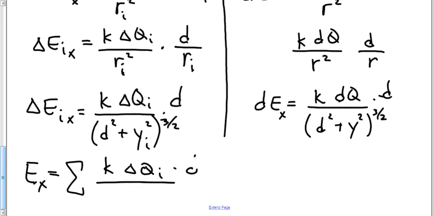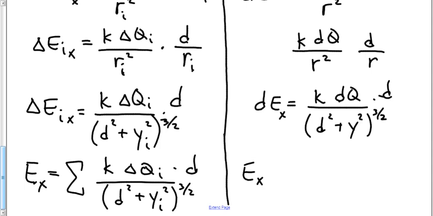And we got our d out here. And then we've got d squared plus y for that segment squared to the 3 halves power. Or over here, in calculus terms, we don't write a summation that way. We write a kind of a funny looking Superman S, and that will give us our total field. So we sum together an infinite number of things, and we make it look like that.